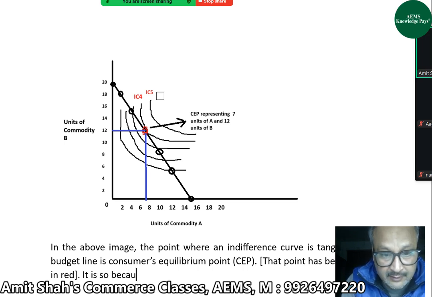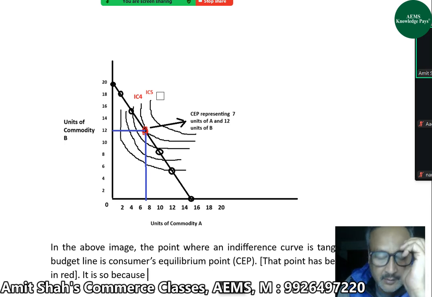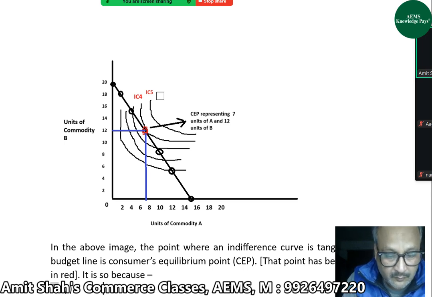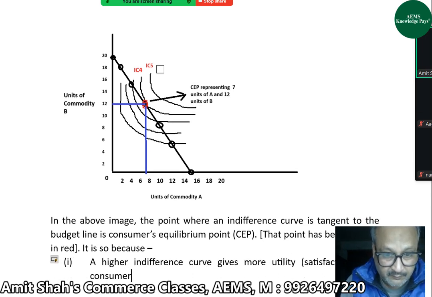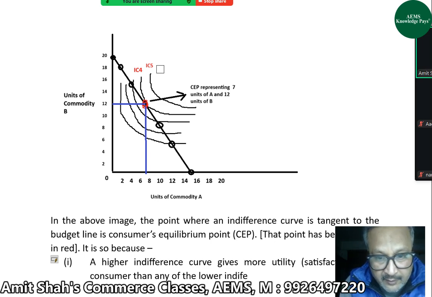It is so because a higher indifference curve gives more utility, that is satisfaction, to a consumer than any of the lower indifference curves.